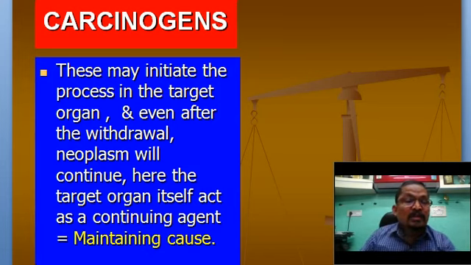So regarding the exogenous carcinogens, these are the azo dyes or polycyclic hydrocarbons, nitrosamines, nitrosamides or benzopyrene. These are the usual chemical carcinogens. All of you know that, especially in tea shops, you can see the same oil is repeatedly boiled for frying so many things.